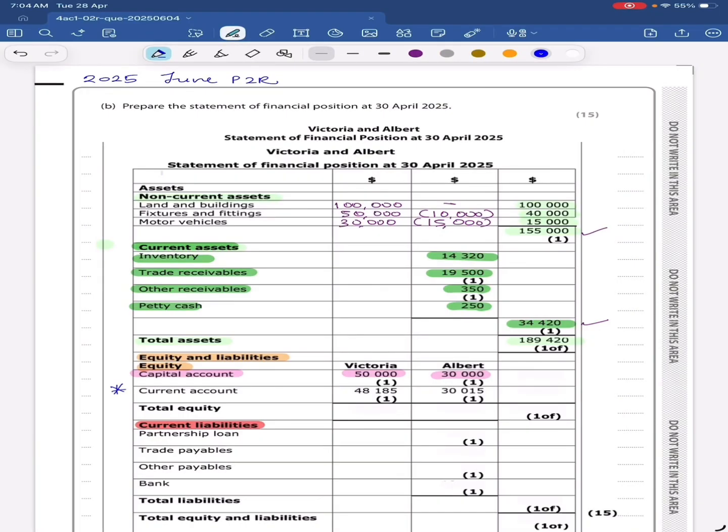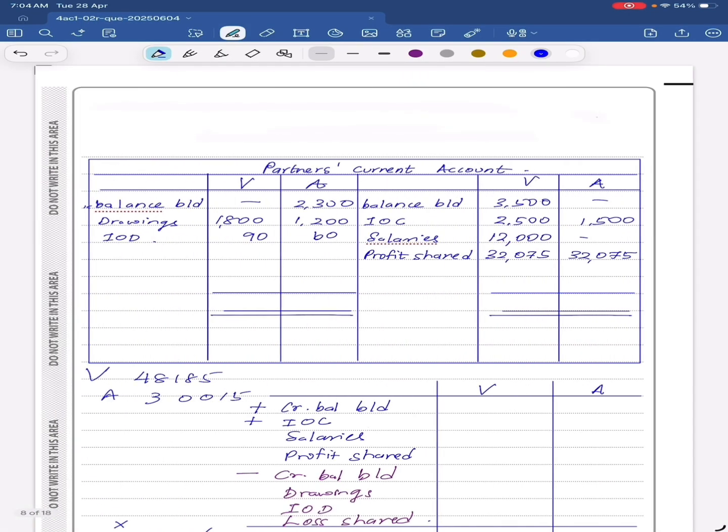Now let's work on finding the current account balance for Victoria and Albert. There are two ways that we can find the answers for the closing balance of a current account. One way is to format the current account.